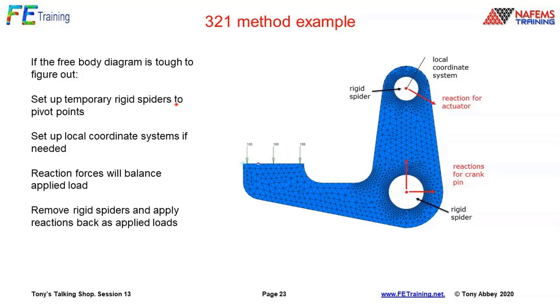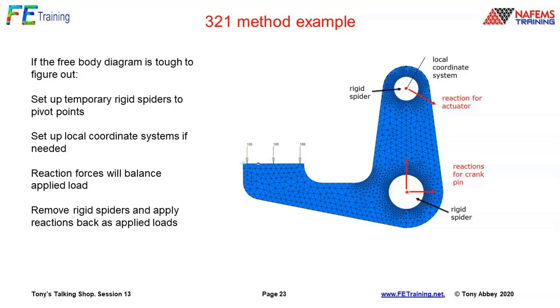Basically the pin in the crank here, I want to resist horizontally and vertically. We also have to deal with out-of-plane. I haven't shown that in this particular case. And then I just have one line of action of the actuator. Set up a local coordinate system here. I've got a constraint in a rigid spider to ground here, aligned in that direction. I've got a constraint in my global coordinate system and that rigid spider.